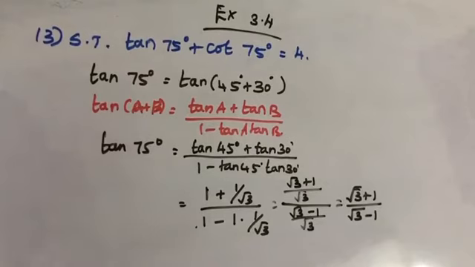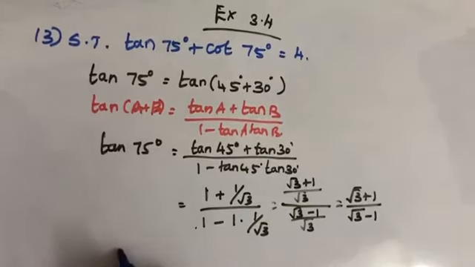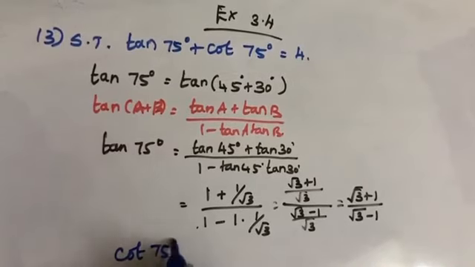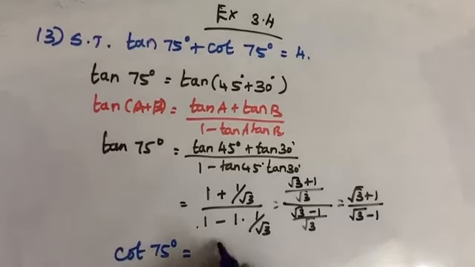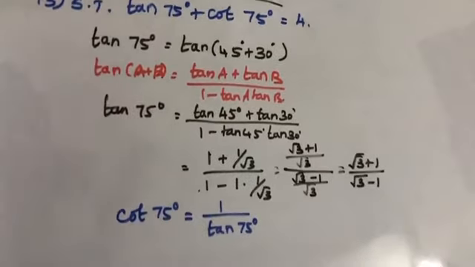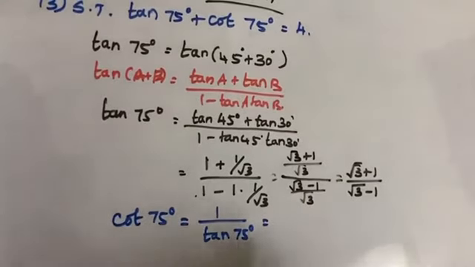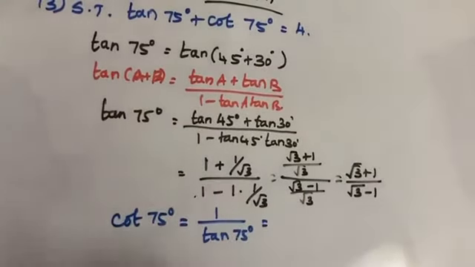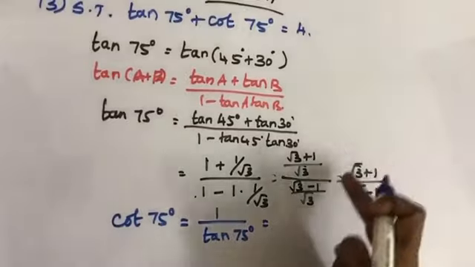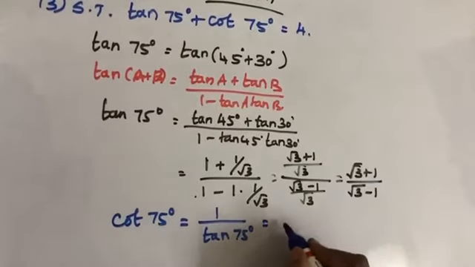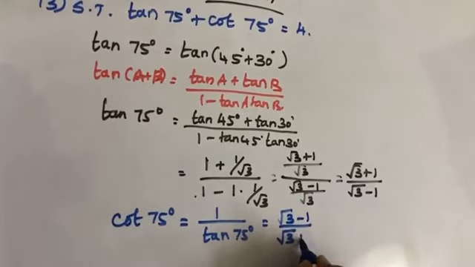Now we have to find the value of cot 75. So cot 75 degree is equal to 1 by tan 75. So 1 divided by this value, that means the reciprocal. So I write it directly, root 3 minus 1 divided by root 3 plus 1.